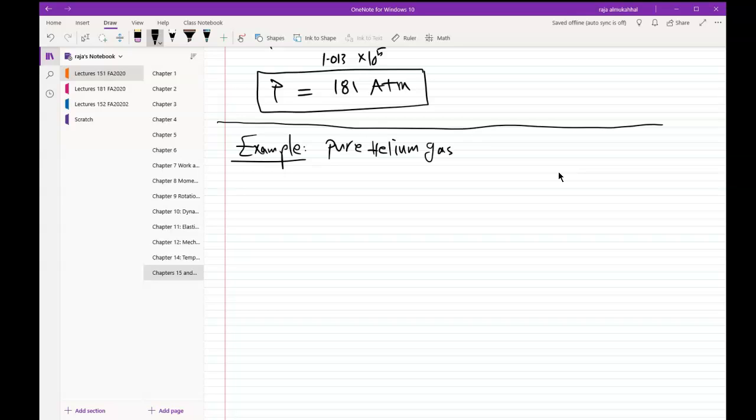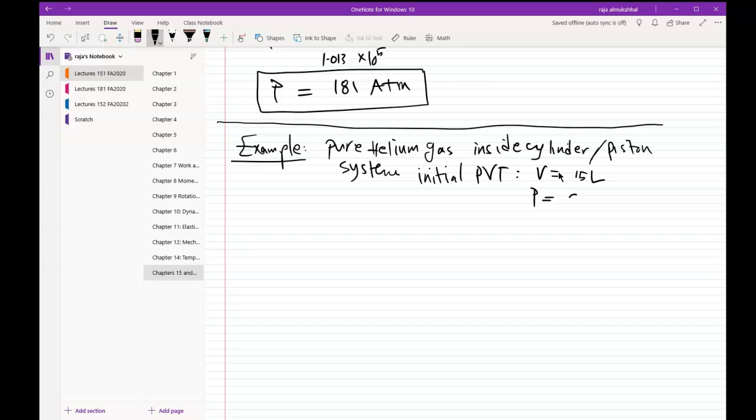So pure helium gas inside a cylinder piston system, that is. Initial PVT: we have a volume of 15 liters, pressure of 2 ATM. As you can see, these are all wrong units for us. Temperature 300 Kelvin.